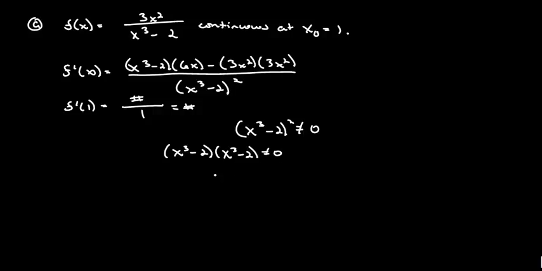We don't want x to the third minus 2 to equal 0. Solving that, x to the third should not equal 2, which implies that x should not equal the third root of 2. As long as we don't look for continuity at the third root of 2, it'll be continuous everywhere else.